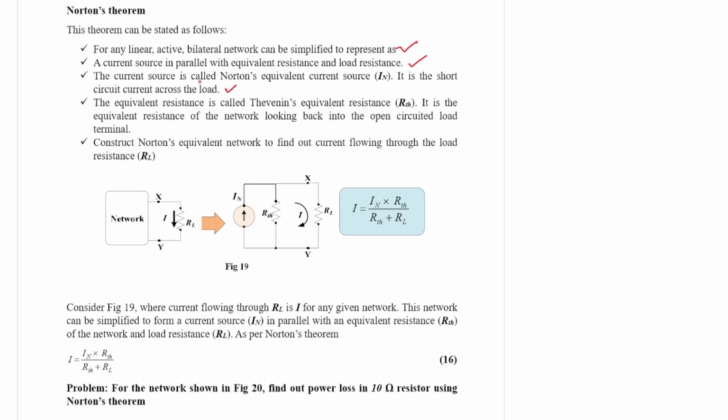The current source is called the Norton equivalent source, as already explained. It is called short circuit current. The Thevenin resistance part is already explained. Now construct the Norton equivalent circuit as shown in figure 19. By the current division rule, we can get this result, that is IN into RTH over RTH plus RL.